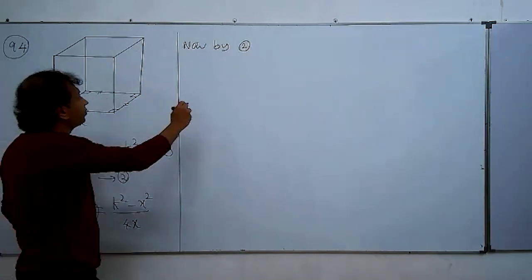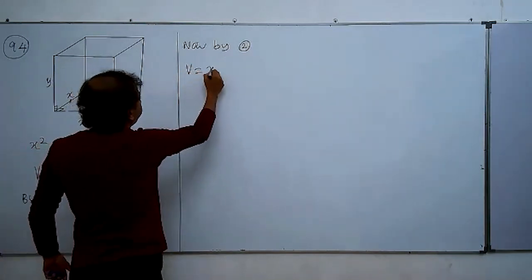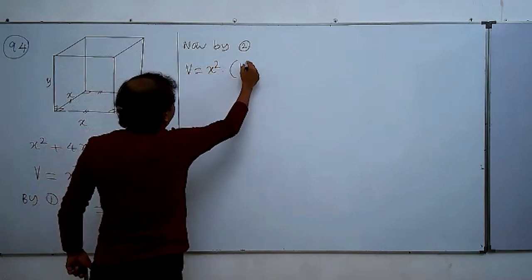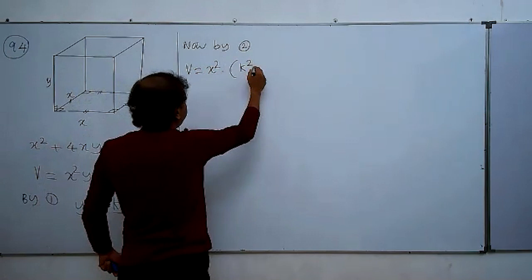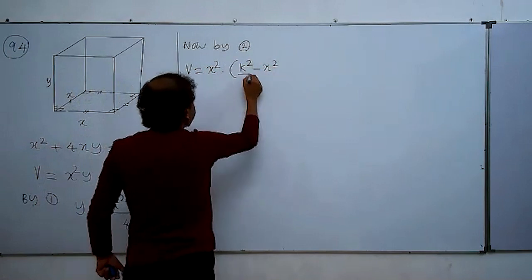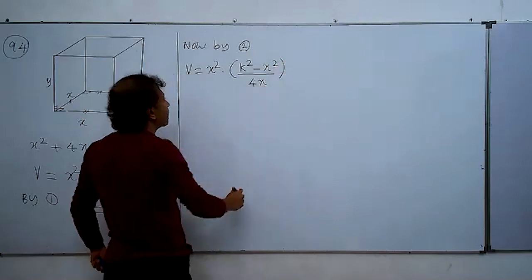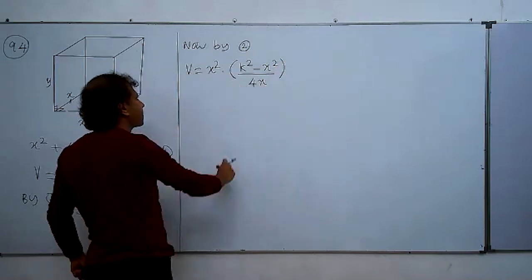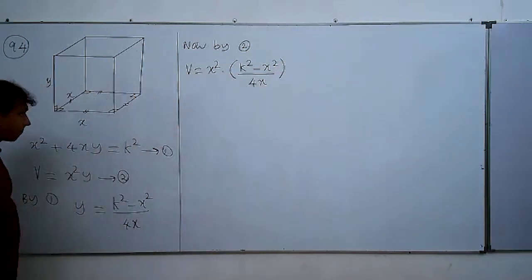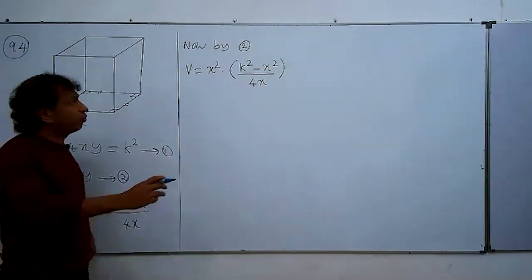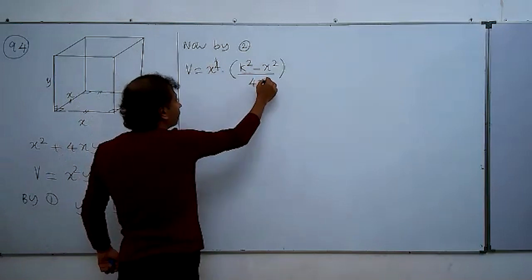V equals x squared times y. y is k squared minus x squared divided by 4x. One x we can cancel with this x squared.